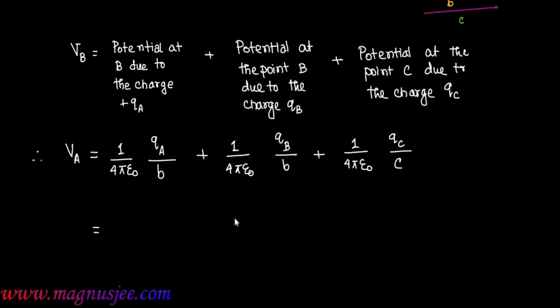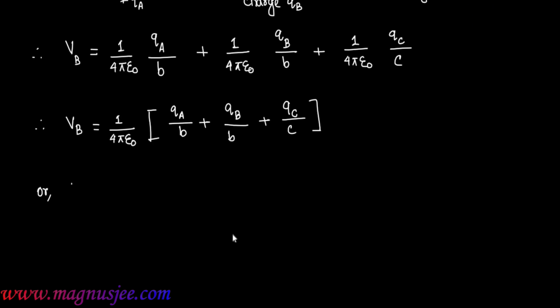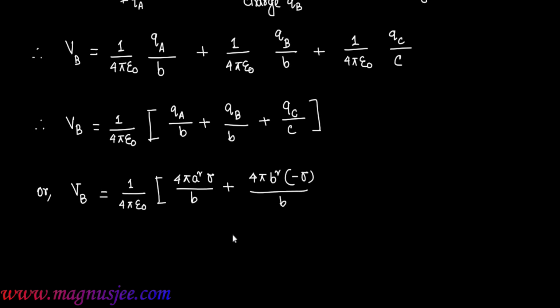It should be VB, not VA. So therefore VB equal 1 by 4 pi epsilon 0 QA by b plus QB by b plus QC divided by c, or VB equal 1 by 4 pi epsilon 0, 4 pi a square sigma divided by b, 4 pi b square under bracket minus sigma divided by b, 4 pi sigma c square plus sigma divided by c.